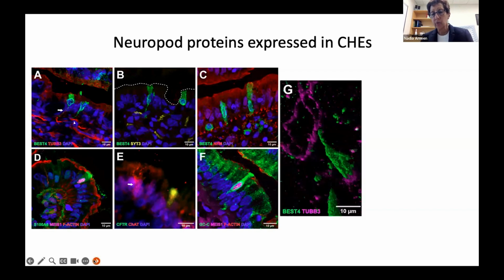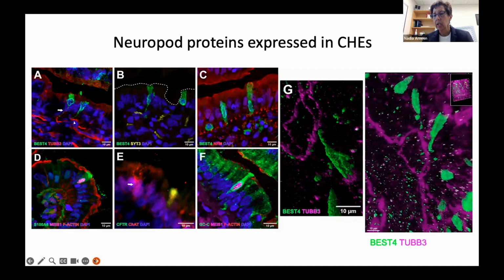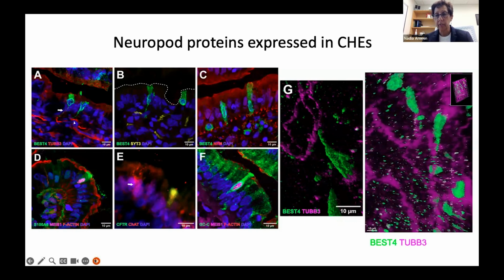So bestrophin 4, which is the signature gene and protein that's identified in these cells, you can see in very close opposition to TUB3, and this video image shows the close proximity of the BES4 positive cell to TUB3.